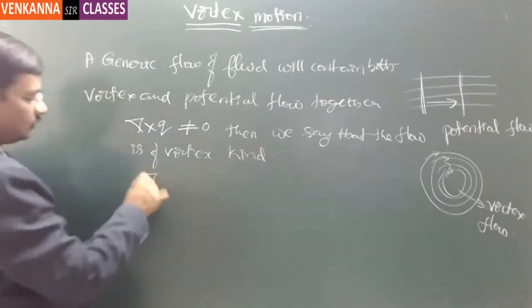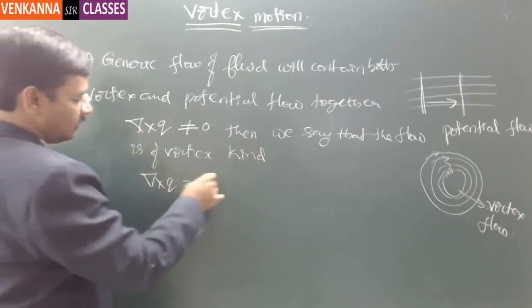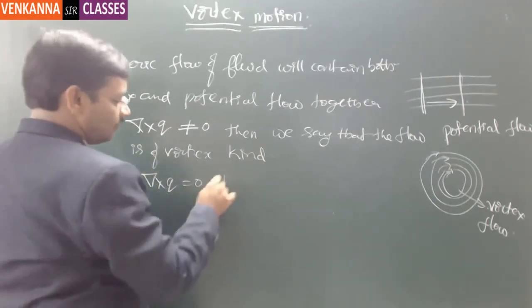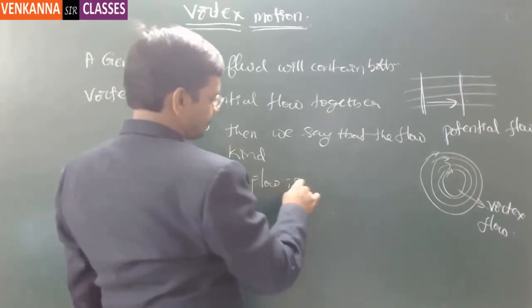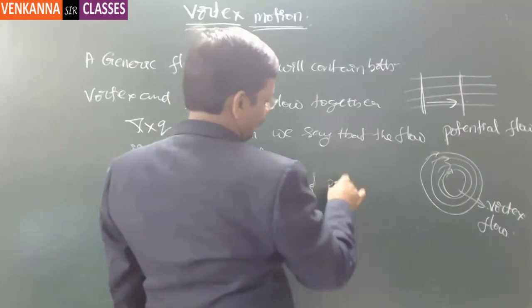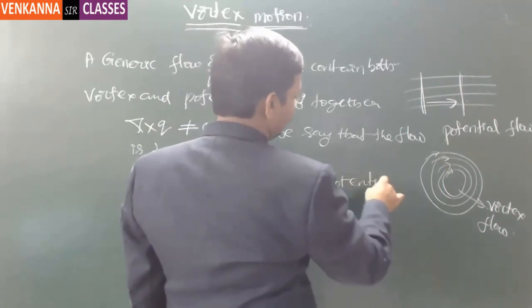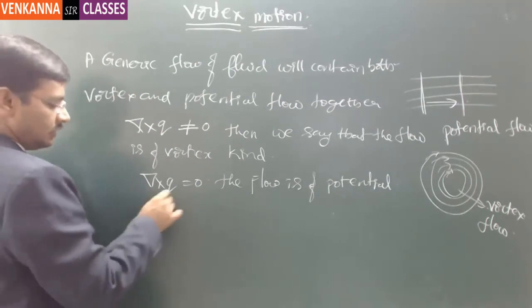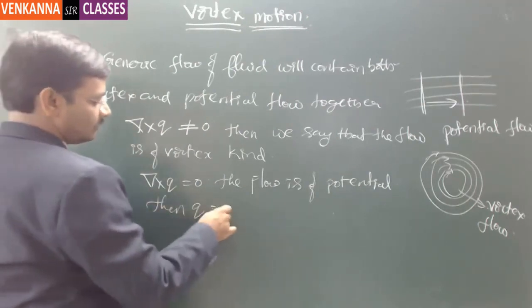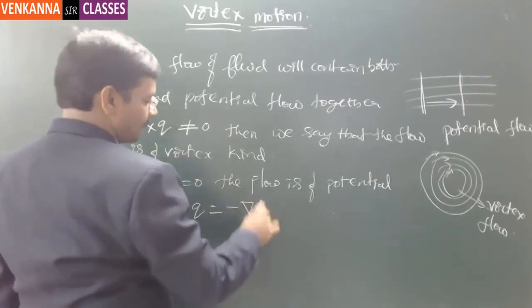If del cross q is equal to 0, then we say the flow is of potential kind. Because, by a vector identity, if del cross q is equal to 0, then q can be expressed as minus del phi.